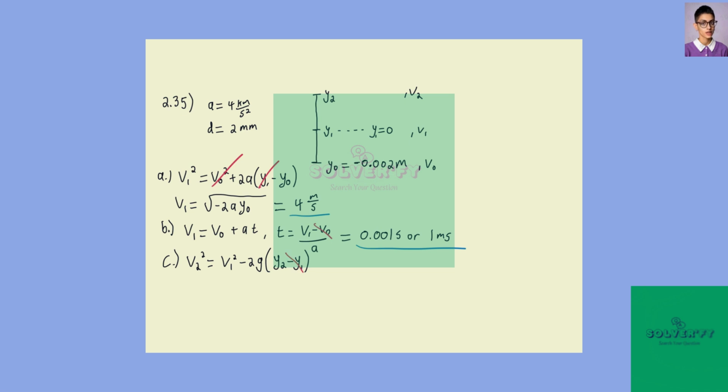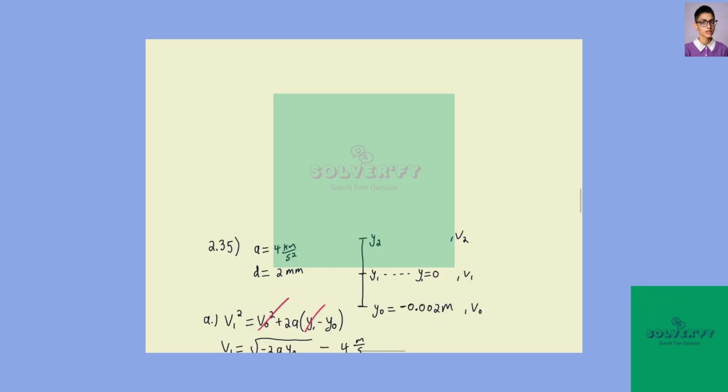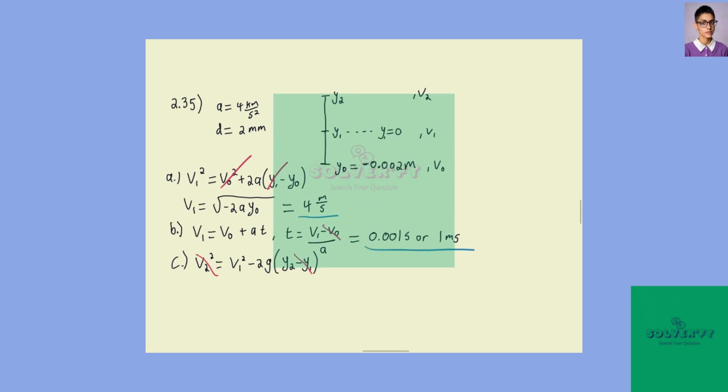Well, y1 is 0, and the velocity at its highest point is also 0. So we get 0 equals v1 squared minus 2g y2. Solving for y2, we get v1 squared over 2g, which is 0.816 meters, so 81.6 centimeters. That's without air resistance. With air resistance, we're told it should be about 70.